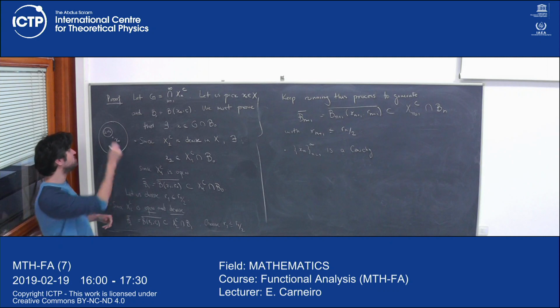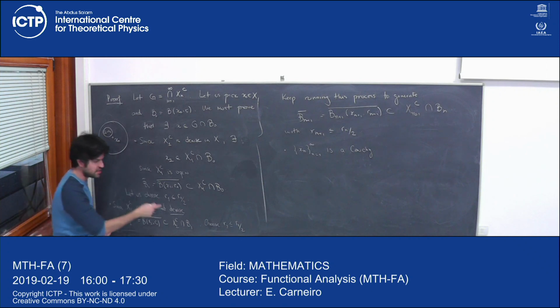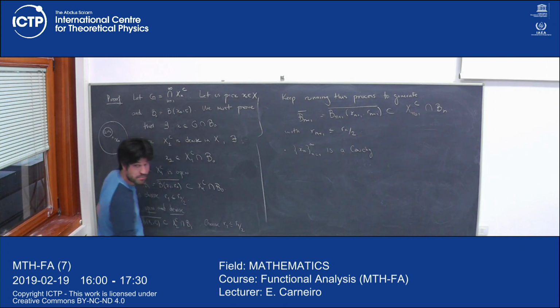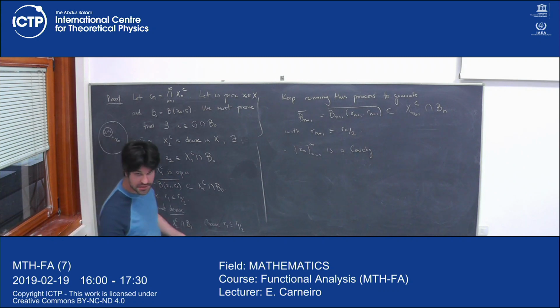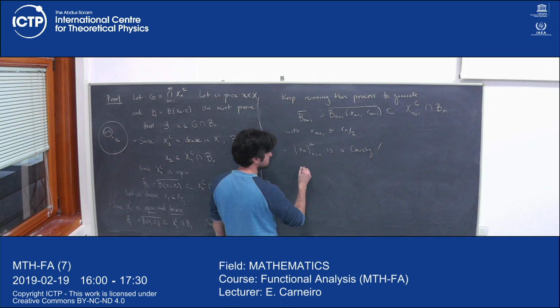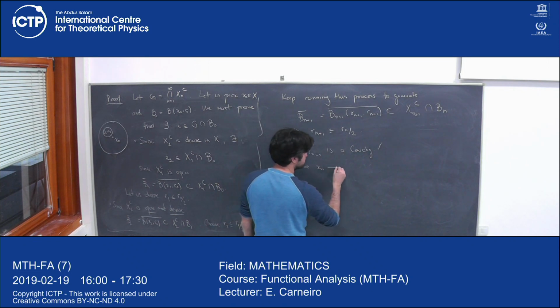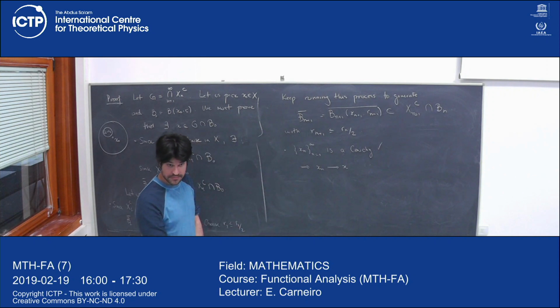It is a Cauchy sequence because every point that I put is inside the little ball with the center in the previous point and a radius that is getting smaller and smaller by powers of 2. Therefore, this xn converges to a certain point x. And I claim to you that this is the x that I'm looking for.